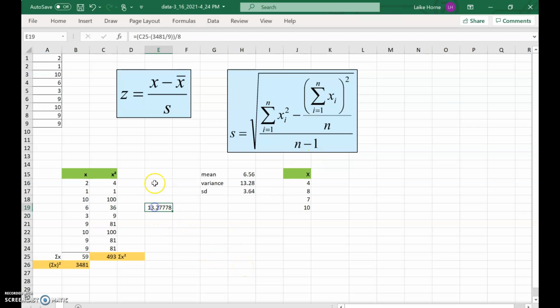Then that is our variance, which is what we got, right?